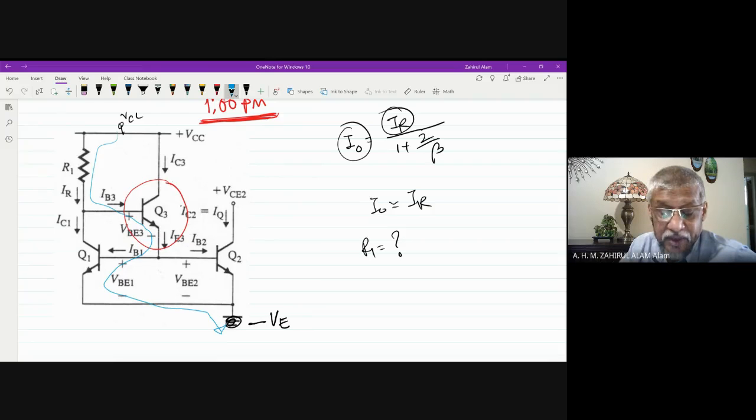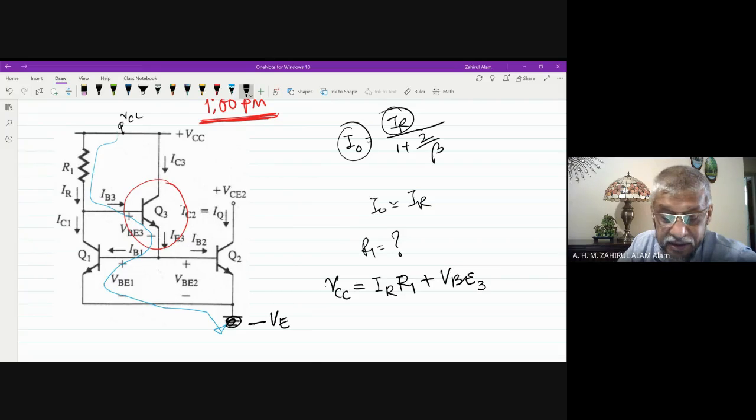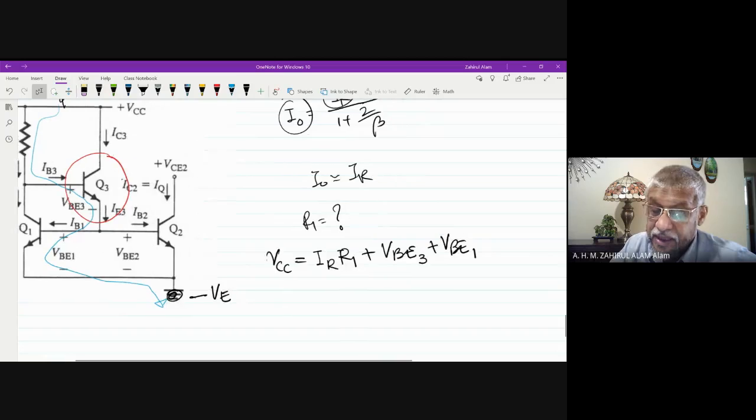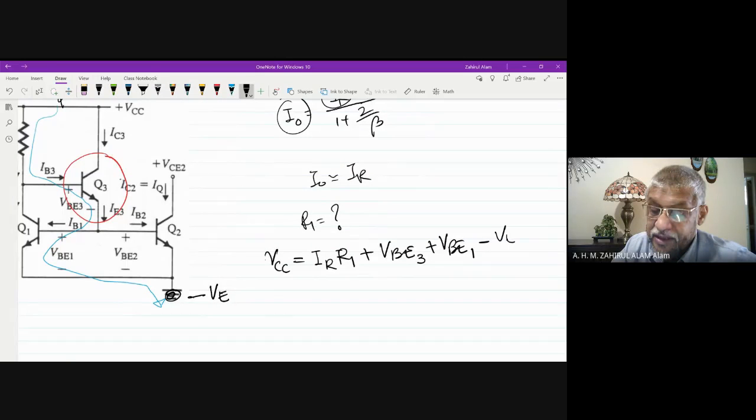Then VCC is equal to IR R1 plus VBE3 plus VBE1 minus VE.